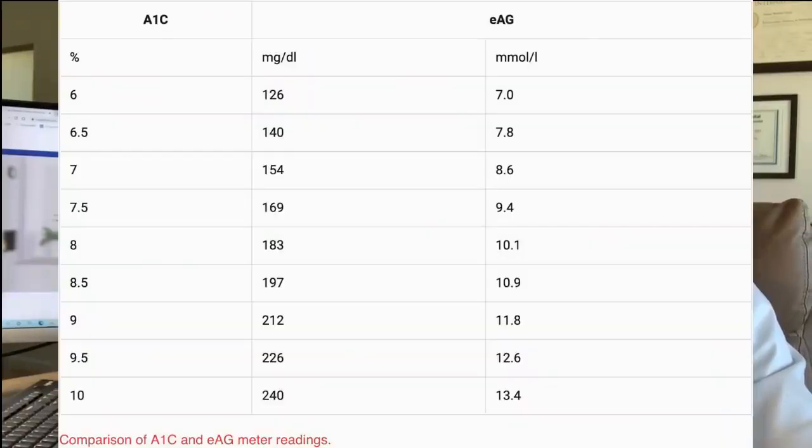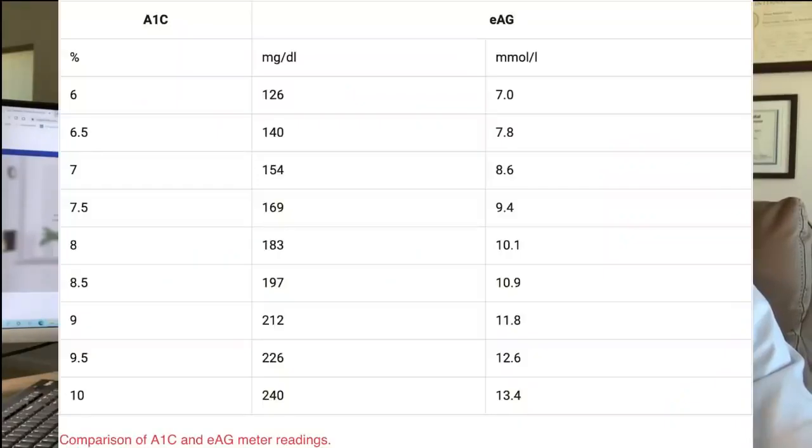So 6% is on average 120, right? 7% is 150. So every 1% increase or decrease corresponds to a 30 milligram per deciliter change in your overall blood sugars. If you're going from 6% to 7%, your average blood sugars are rising by 30 milligrams per deciliter.